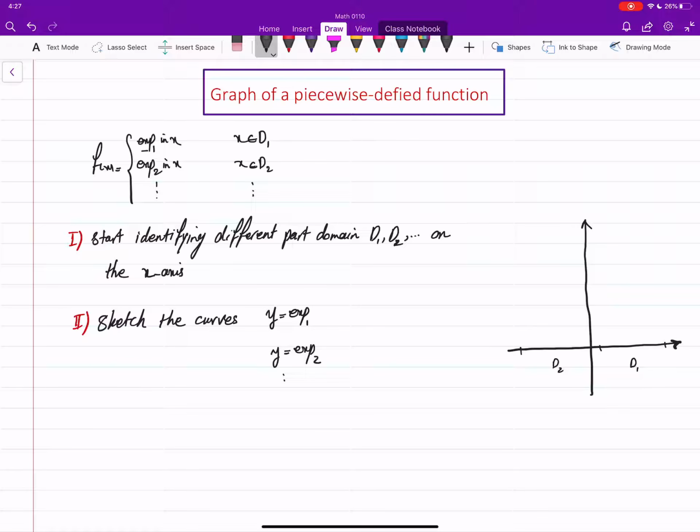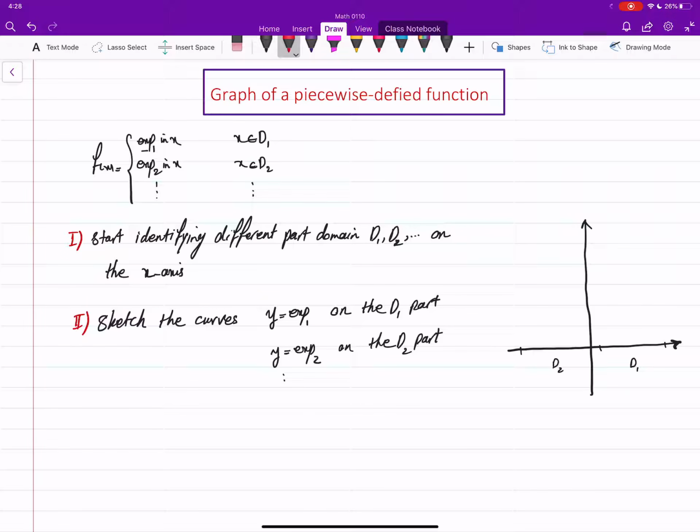But keep only for y equals expression 1 the part which is on the D1 part. And for expression 2, you keep the part on D2. These curves can be defined on the whole real line, but you will just keep the parts which are on the corresponding domain part.